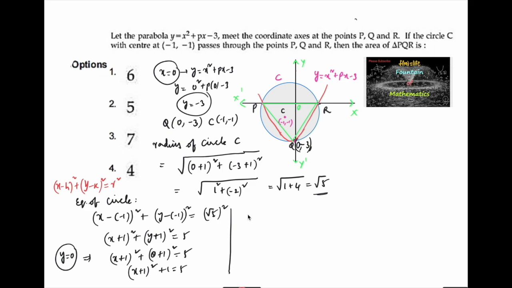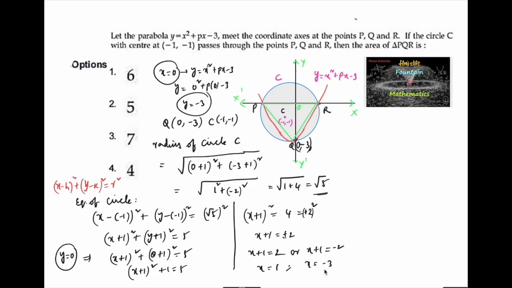Let us simplify this: x plus 1 whole square is equal to 5 minus 1, that is 4, which is 2 square. So x plus 1 is equal to plus or minus 2. So x plus 1 is equal to 2, or x plus 1 is equal to minus 2. So x is equal to 1 or x is equal to minus 3.